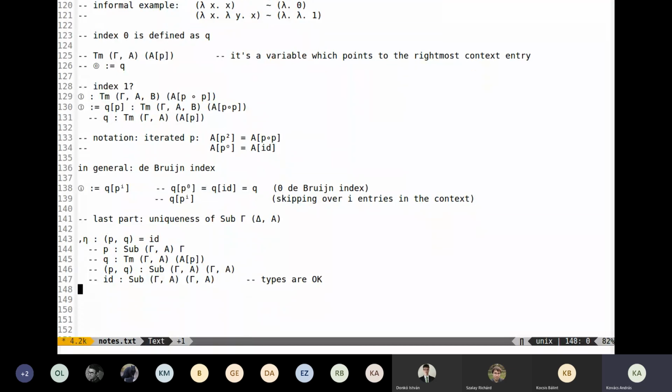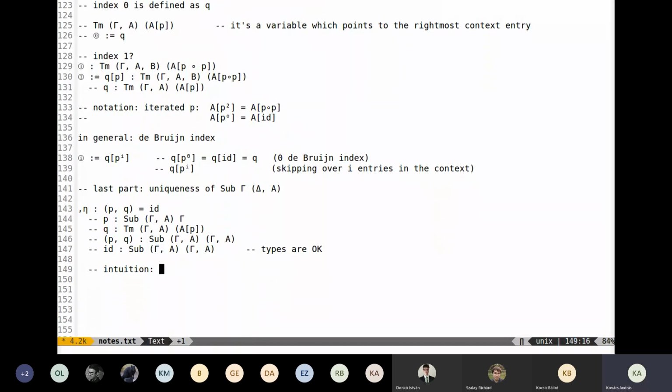And what's the intuition? So I think the intuition is that now we can maybe view P as a substitution which assigns every variable to the same variable, but in an extended context.